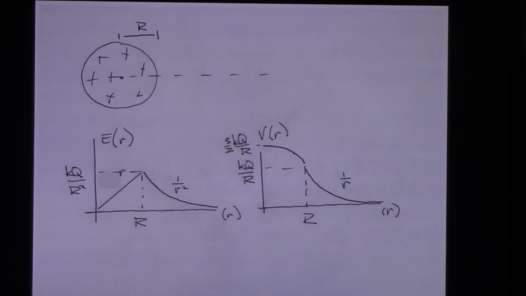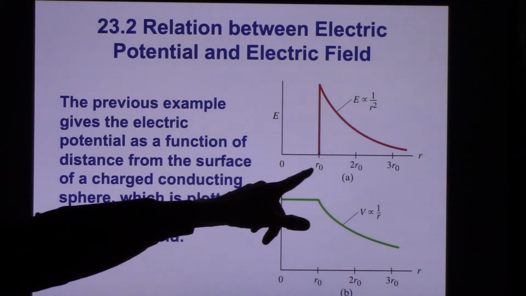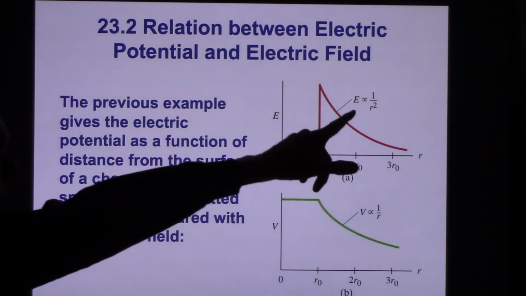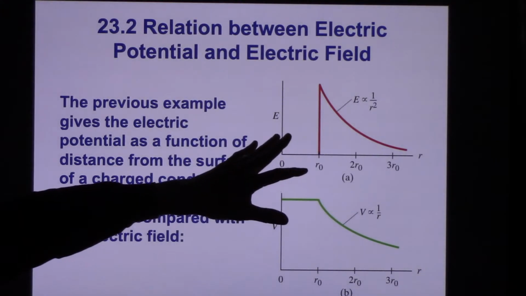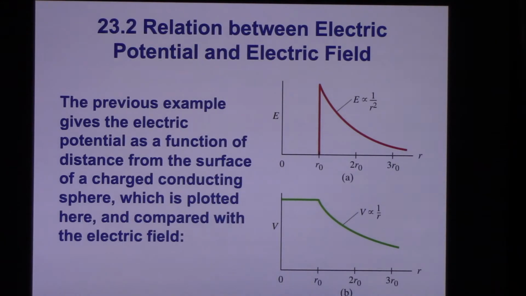All right, let's move on. So we've seen this. This is just kind of a review here. Here we are at the surface. Here we are 2 radii away, 3 radii away. The electric field is dropping off like 1 over r squared. Now, which case is this? Is this where the charge was all on the surface, or is this the case where the charge was uniformly spread through the sphere?